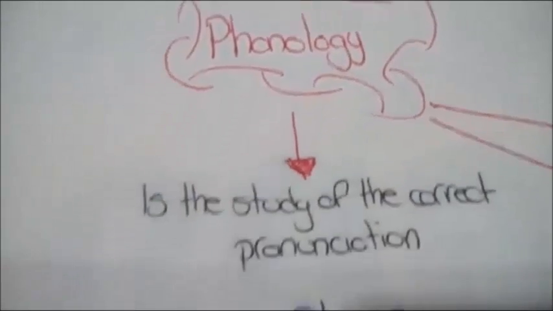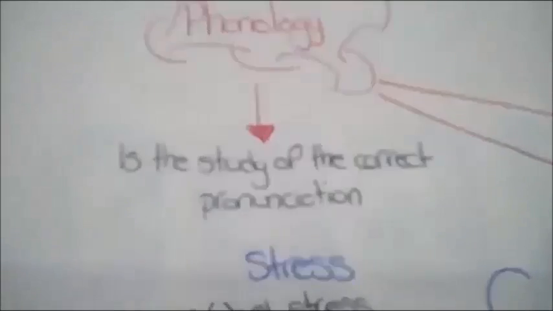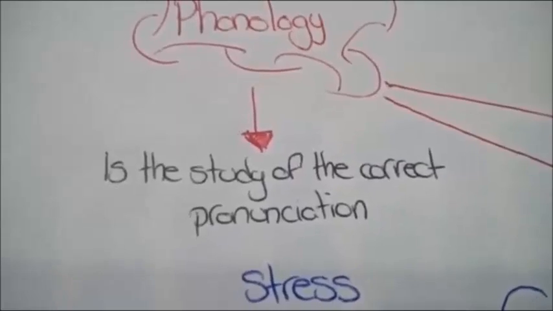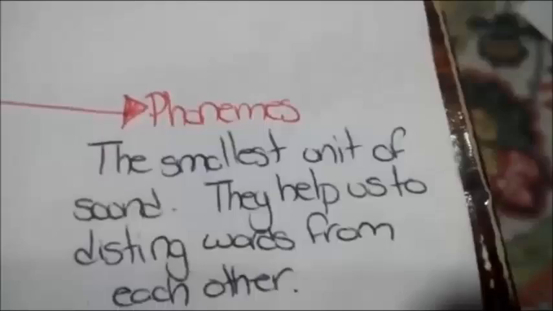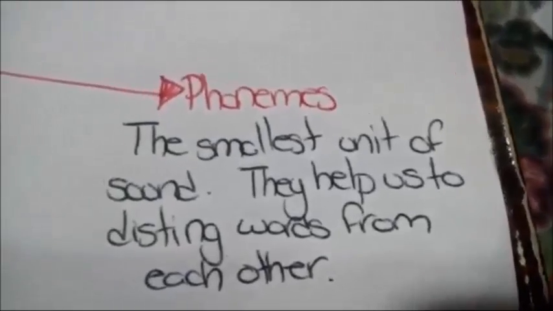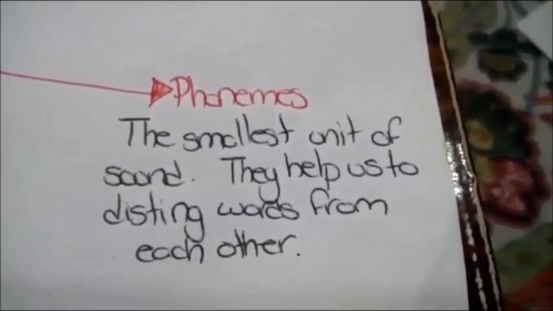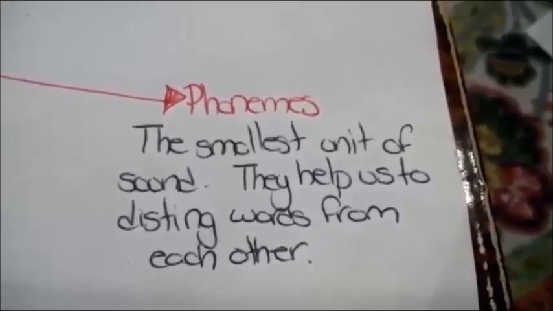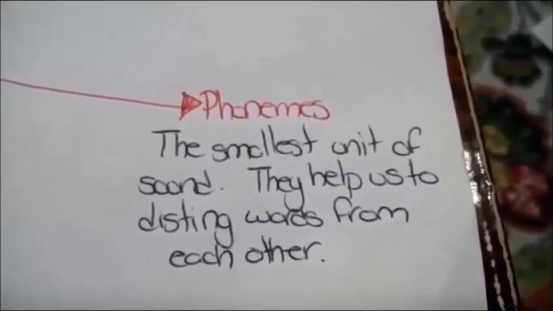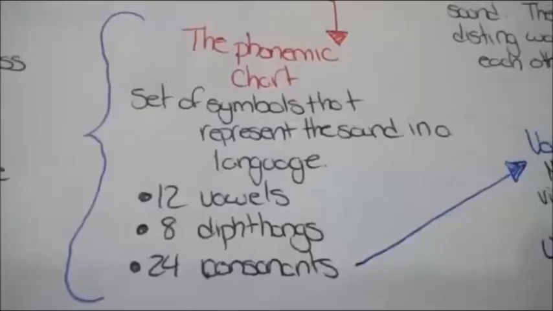Phonology. Phonology is the study of the correct pronunciation. In phonology, we have phonemes, that are the smallest unit of sound. They help us to distinguish words from each other.